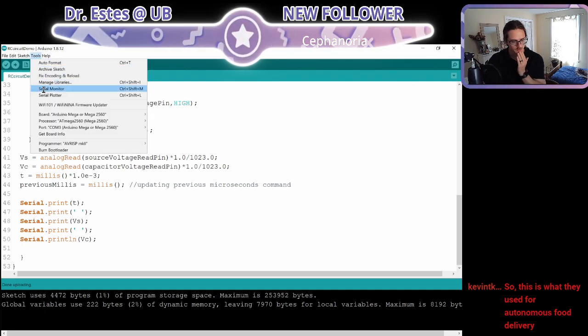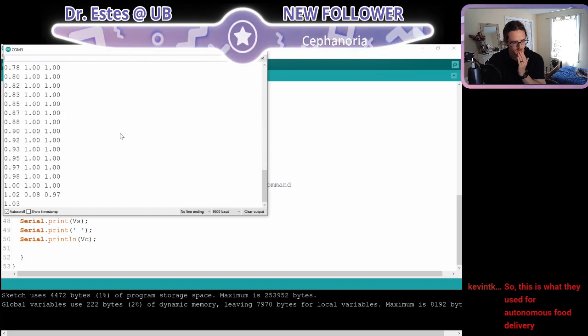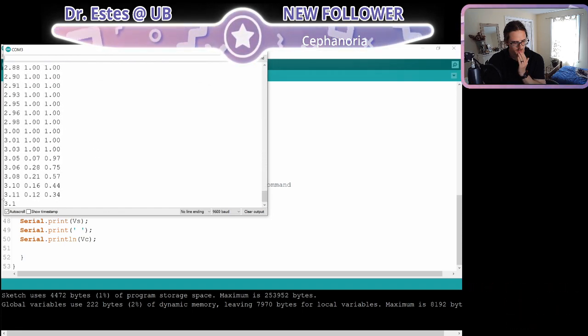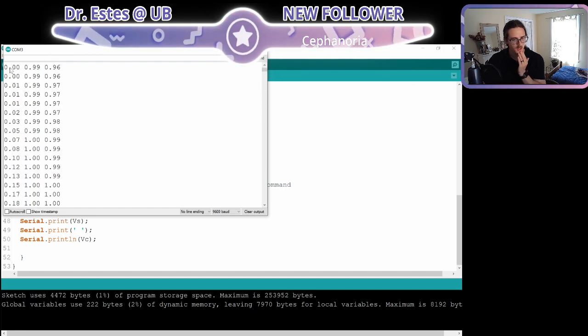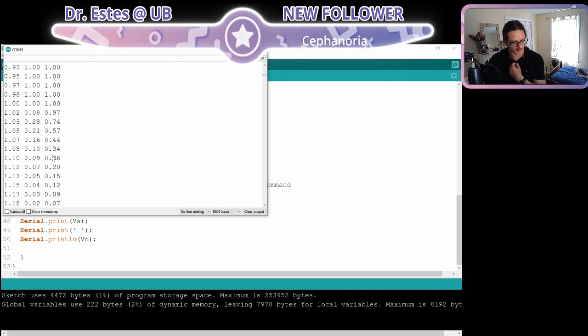We'll go to the serial monitor. Maybe we can just investigate here. So the column on the left is the time. The column in the middle is the source voltage. And the third column is the capacitor voltage. So this is when it's already charged up to 1 volt.